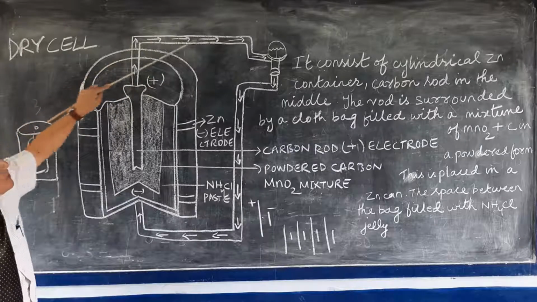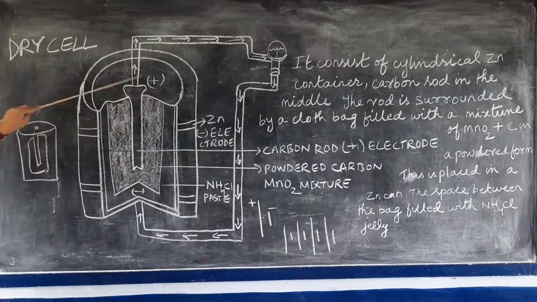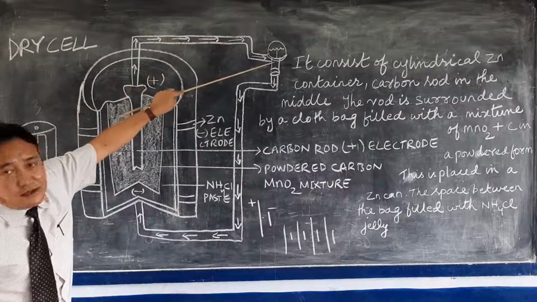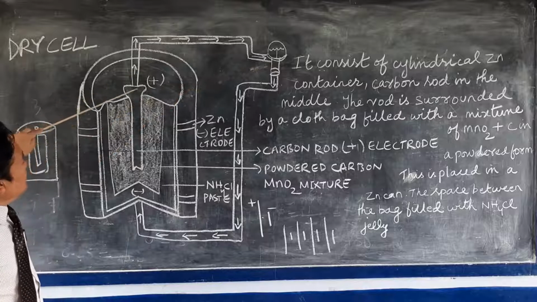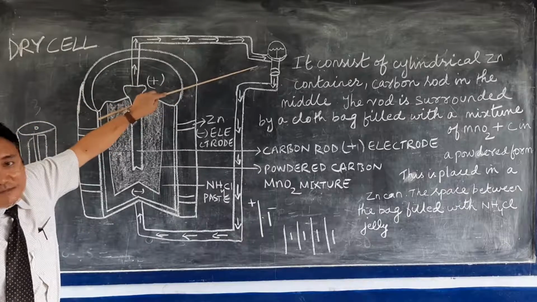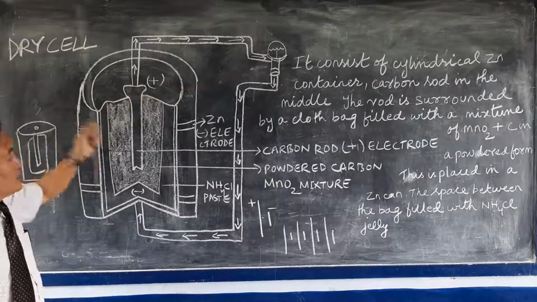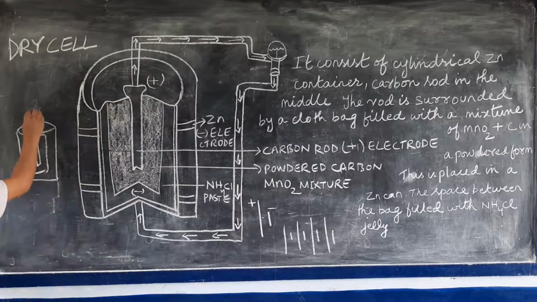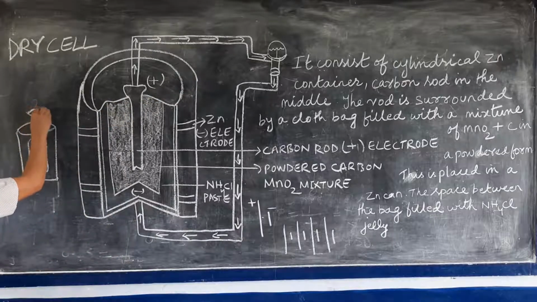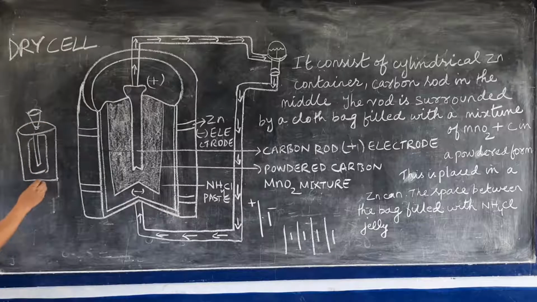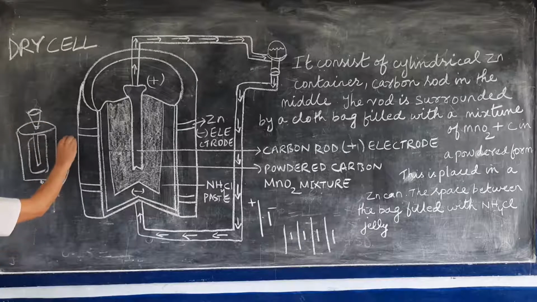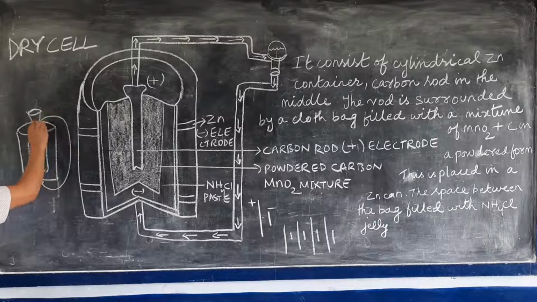Now here there is a circuit. This is the cell, and it is connected with a circuit. There is a bulb here and a wire. You keep a bulb on the top, and you take a wire, connect one end at the negative terminal, and the other end of the wire is connected with the bulb.